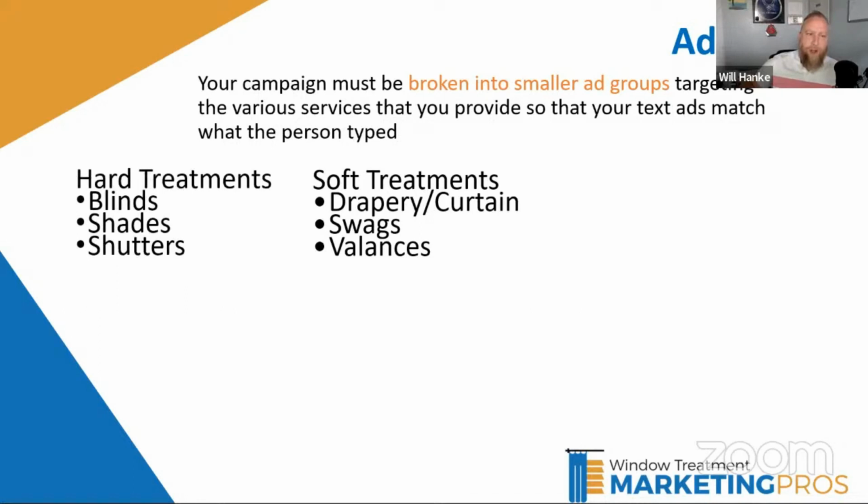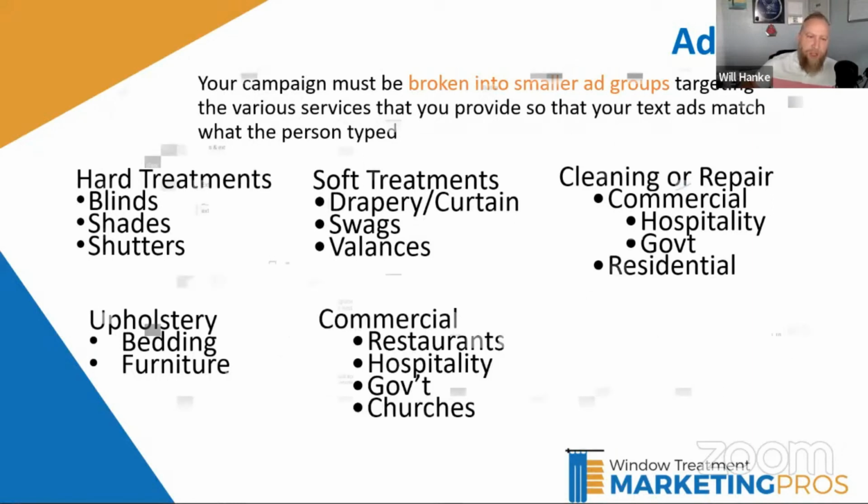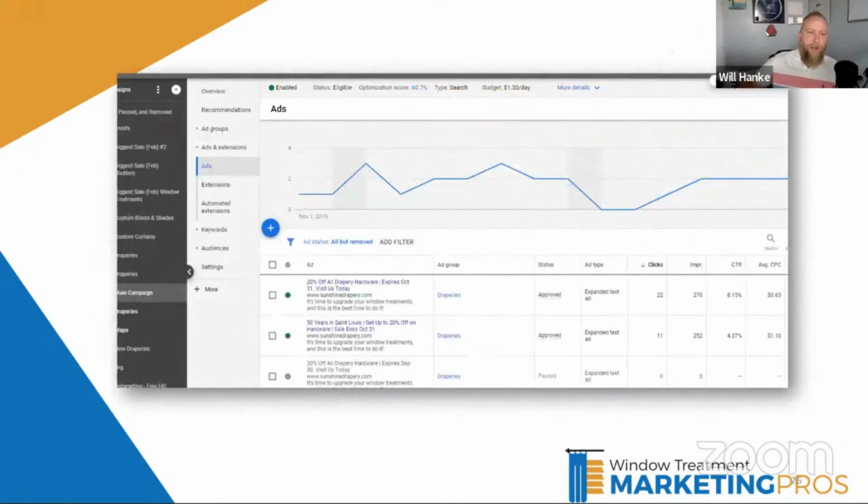And on the hard treatments campaign, you would maybe want ad groups specifically for blinds, shades, shutters, those sorts of things. So that, again, you have a little bit more control. You could turn these on, turn them off, add budget, turn budget off, those kinds of things. For cleaning or repair, if you do that, you can also target specific places, commercial versus residential. Lots of different ways to go about it.